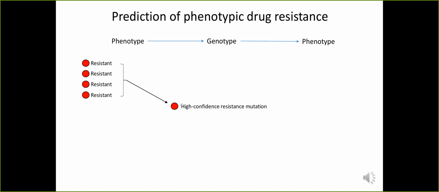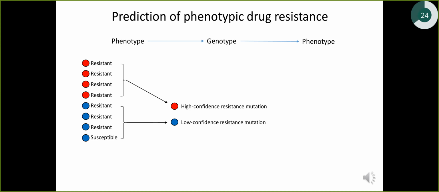It might happen in other cases that we have other mutations, like this blue mutation, in which most strains carrying this mutation are resistant, but some of them are not resistant. Actually, they are susceptible.